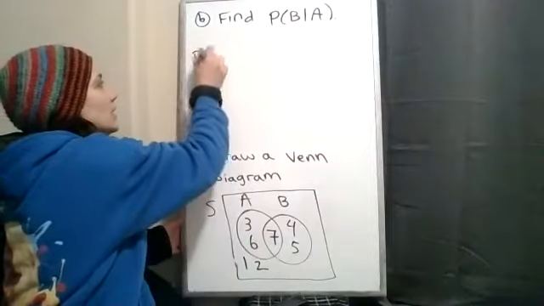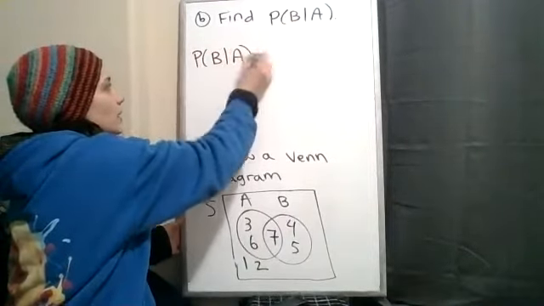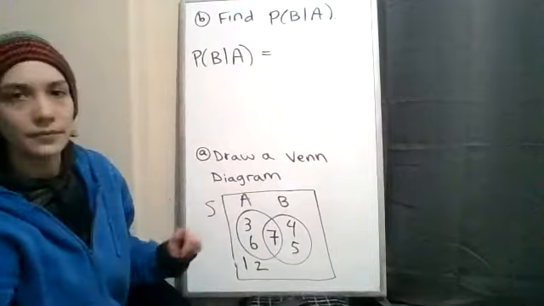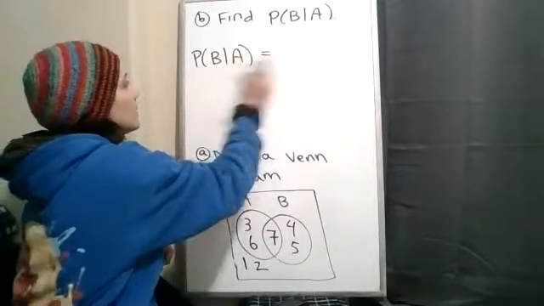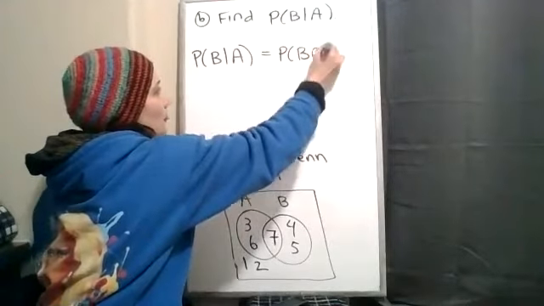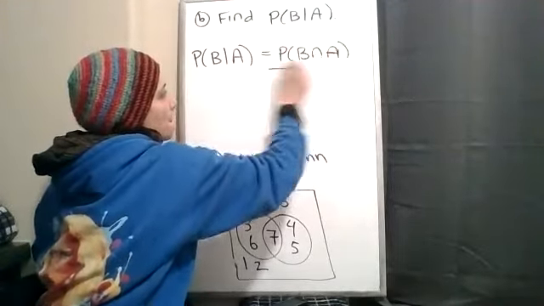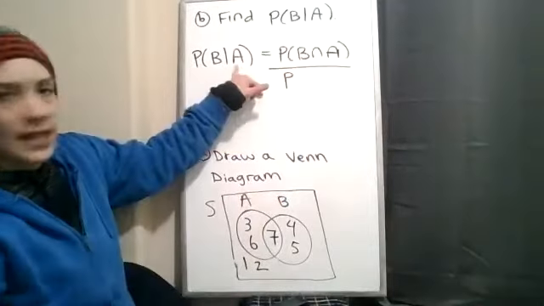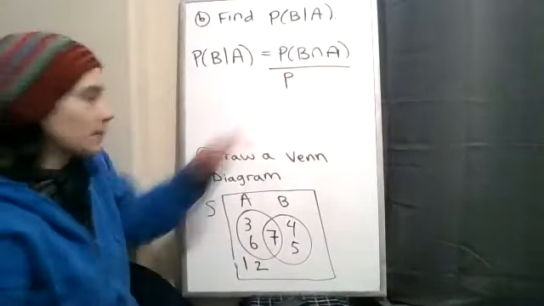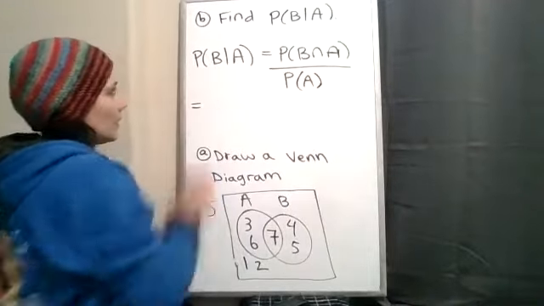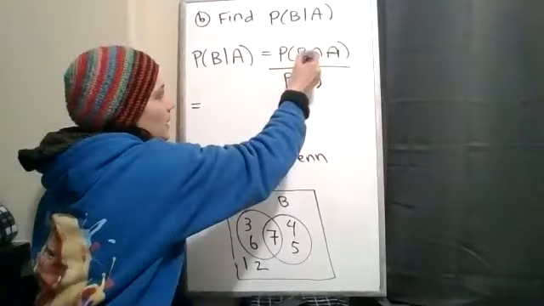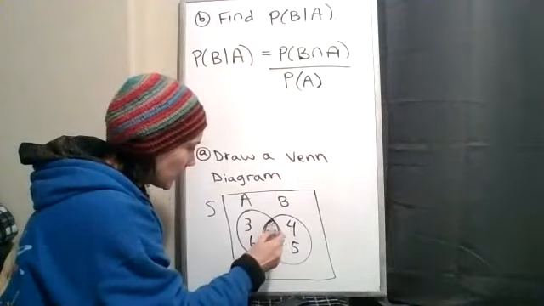So the probability of B given A equals the probability of B intersect A divided by the probability of whatever's in that second spot, so the probability of A. B intersect A is the set that contains 7, which is just one element out of all 7.